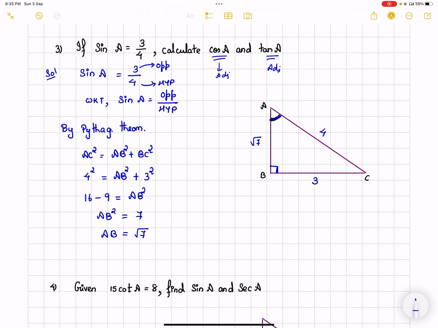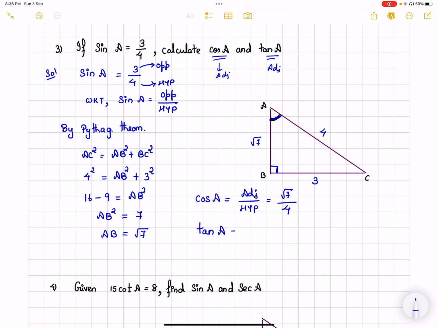Now what we would be doing is I need to find out cos A and then tan A. So now cos A is equal to adjacent side divided by hypotenuse. So for this angle A, the adjacent side is root 7, divided by 4. Done. What about tan A?